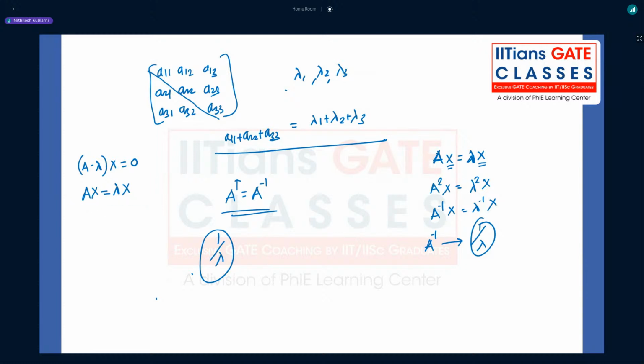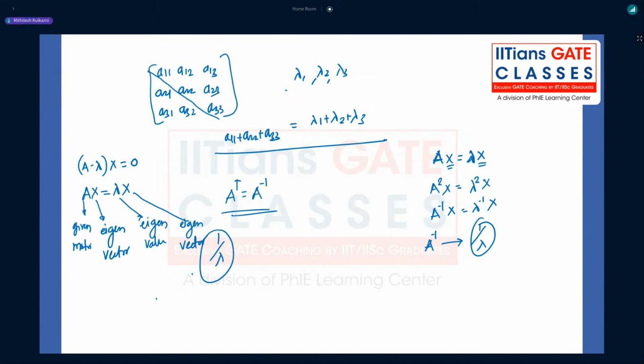We get it from the characteristic equation, and what we say is, if you take a given matrix and multiply it with an eigenvector, you will get the same answer if you take the eigenvalue and multiply it with the eigenvector.